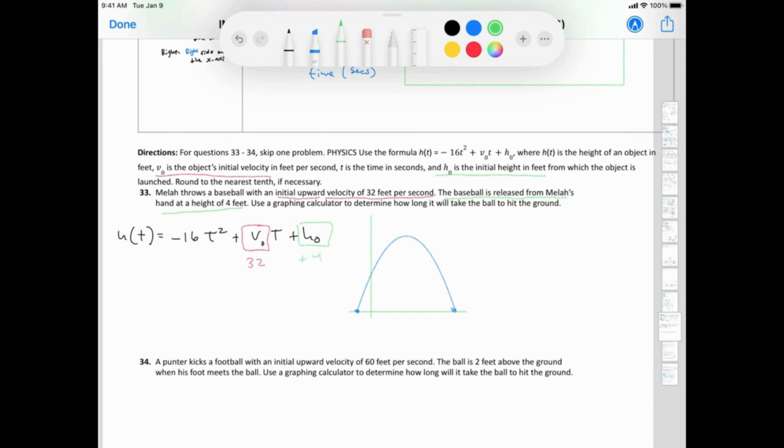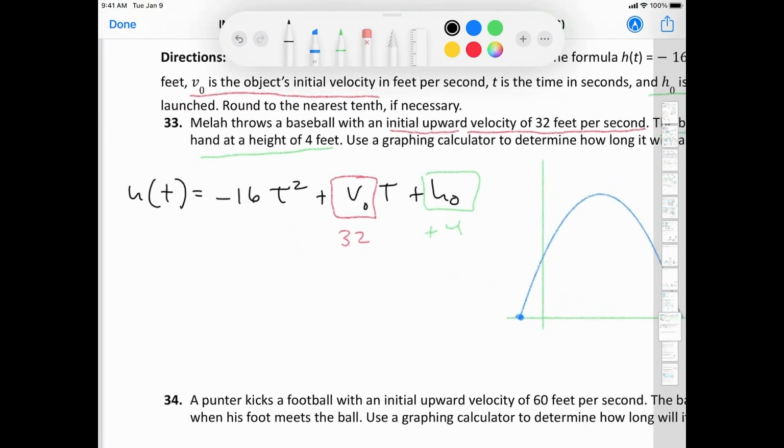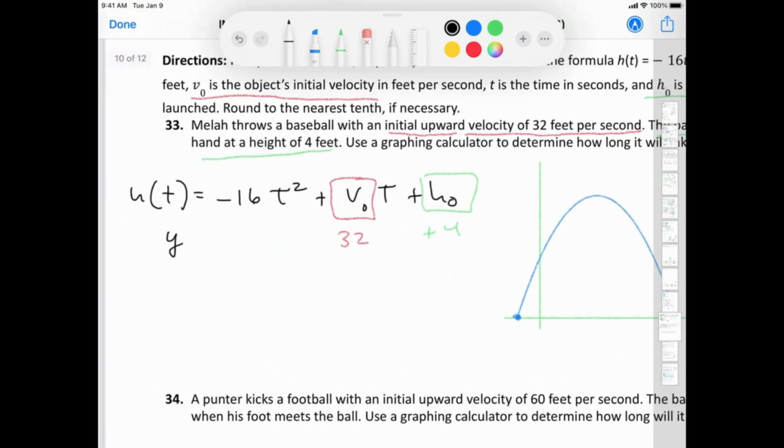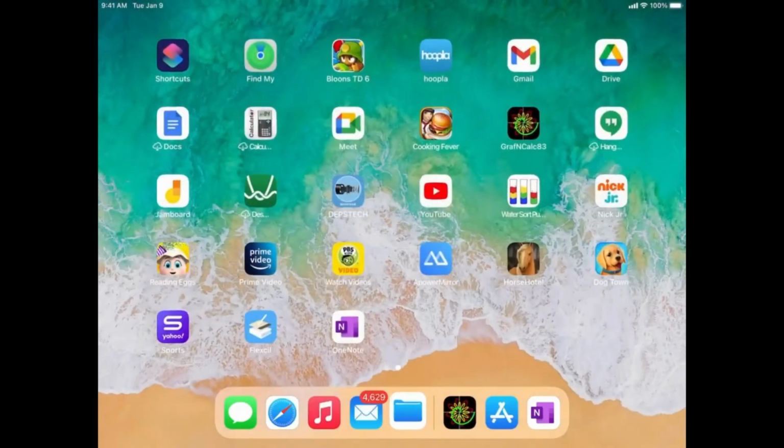Use a graphing calculator to figure out how long it will take before it hits the ground. So let's just do a calculator-ready equation. I'm going to change h to y because that's what the calculator has. Same thing with t's, I'm going to put them as x's. And that's the one I'm going to be putting into the calculator: negative 16x squared plus 32x plus 4.